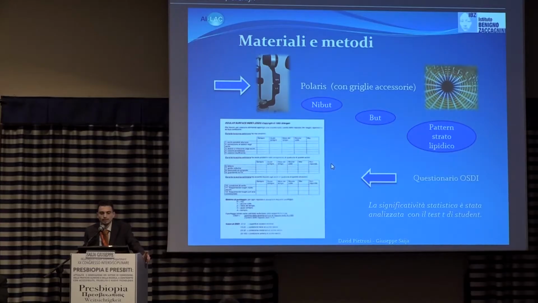Only non-CL wearers were considered. At the same time, in order to assess the characteristics of the tear film, Polaris was used, and also accessory grids, which made it possible to consider the breakup field and other variables such as BUT or NIBUT.